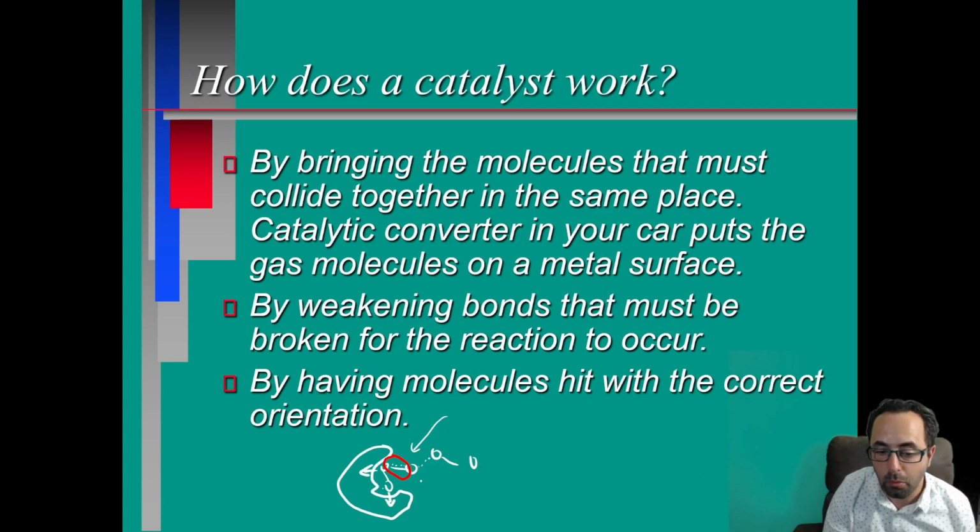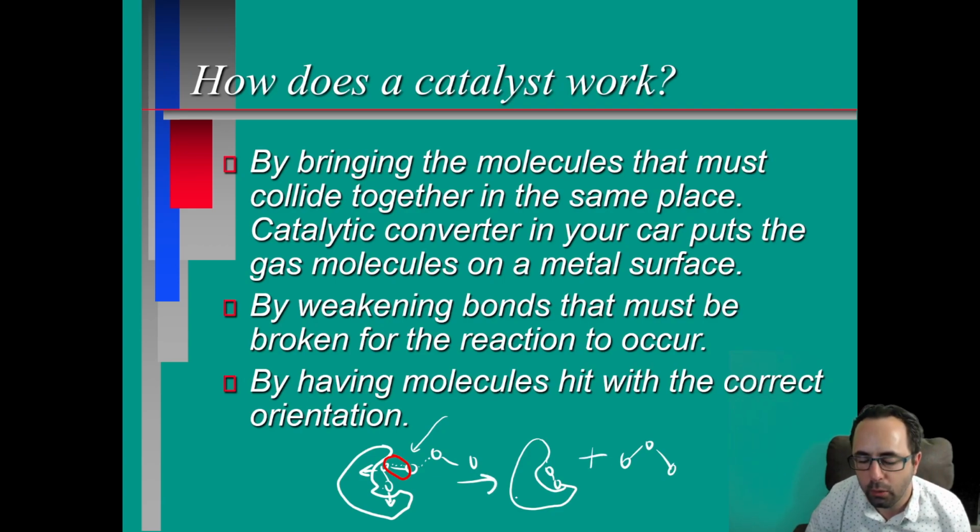And then the new molecule will be formed. So let's say this one goes here and you get a new molecule, and now this molecule is left here, and it will unbind from the enzyme, and now we have our new products here.